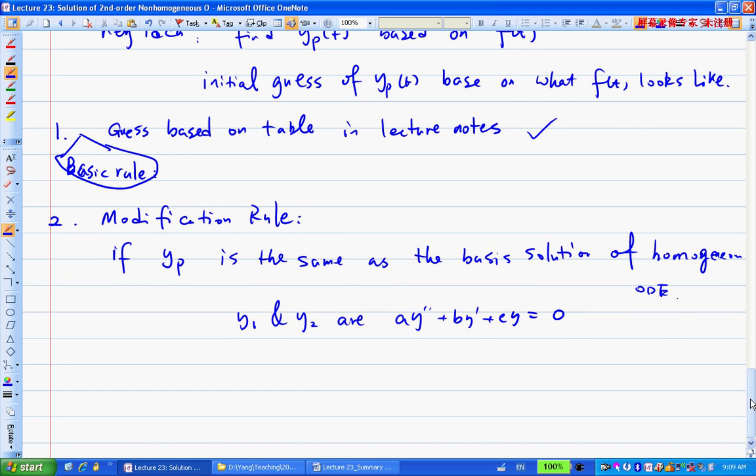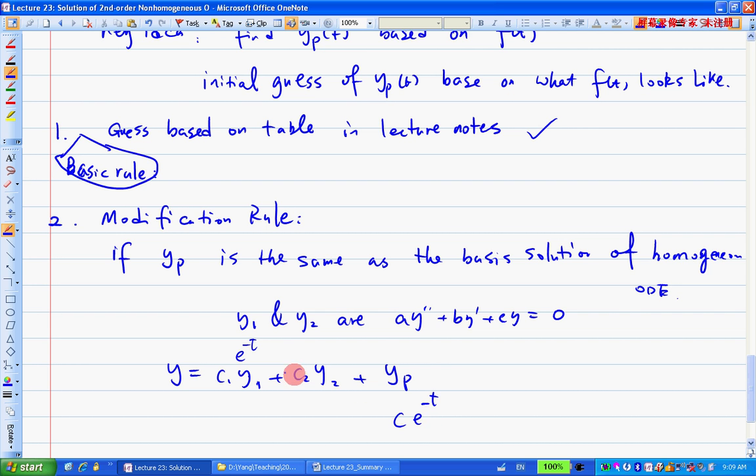So here's the idea, right? My general solution for this one here is c1 y1 plus c2 y2 plus yp, right? Now, if yp is the same as one of these, so let's say maybe this is e to the power of negative t, for example, and your guess yp is also maybe c e to the power of negative t, but with a different constant.